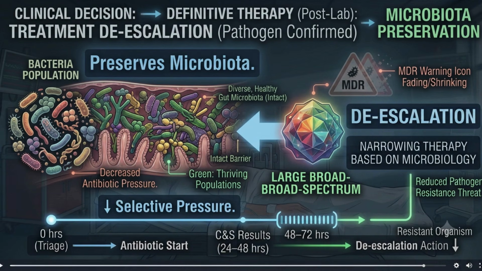Definition: de-escalation is the practice of narrowing empirical broad-spectrum therapy to a pathogen-directed, narrow-spectrum regimen once culture, sensitivity, and clinical response data become available, typically at 48 to 72 hours.